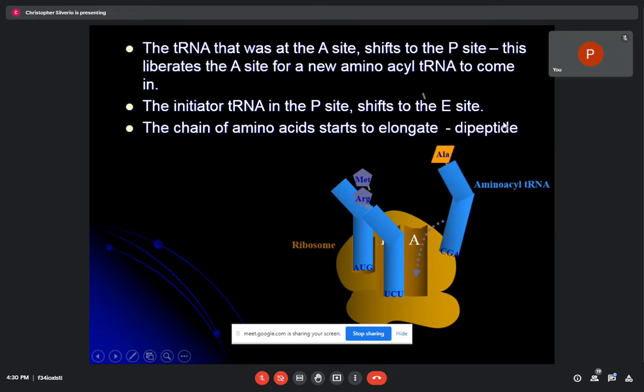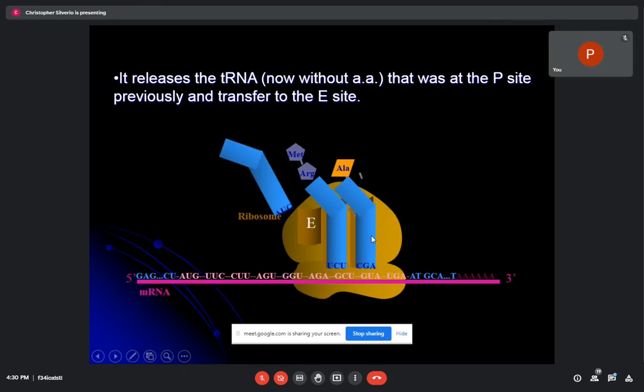And then here, another transfer RNA will bind into the A site carrying the amino acid alanine. Okay? As you can see, class.